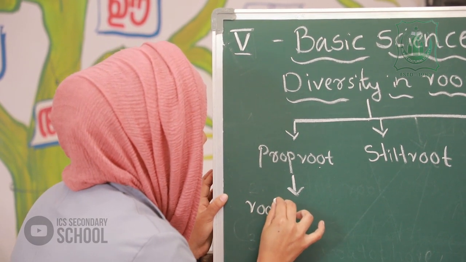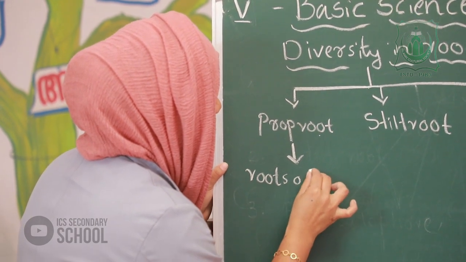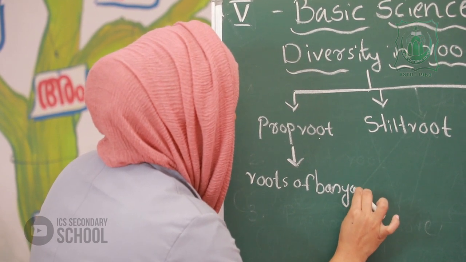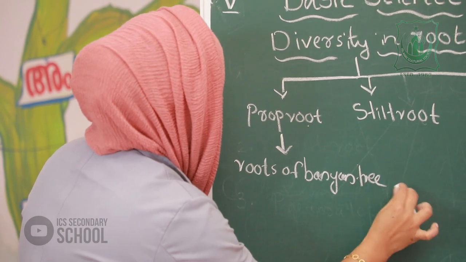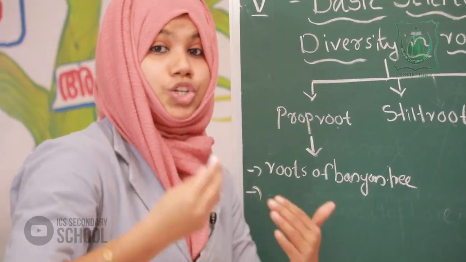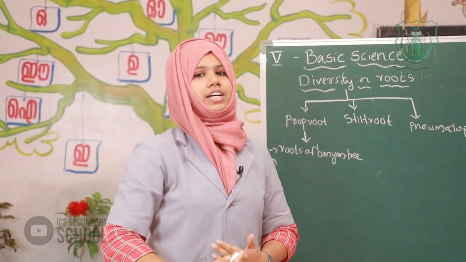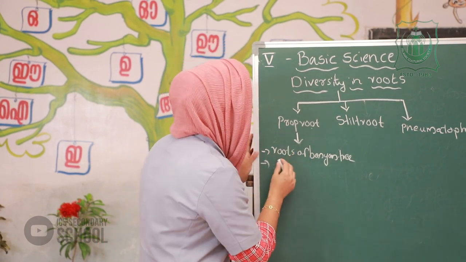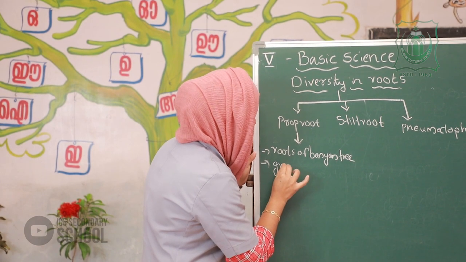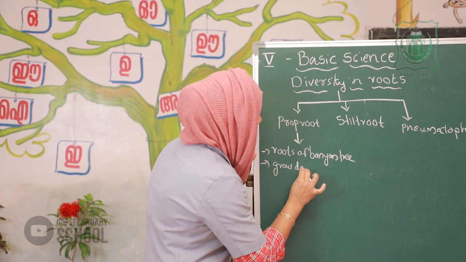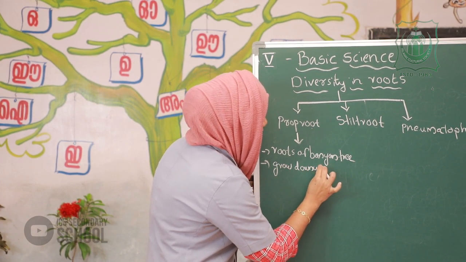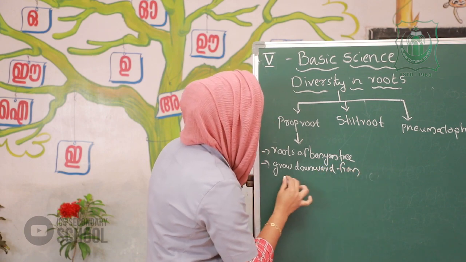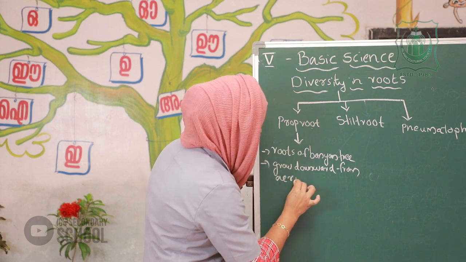They grow downward from the aerial branches. From which branch? Aerial branches.